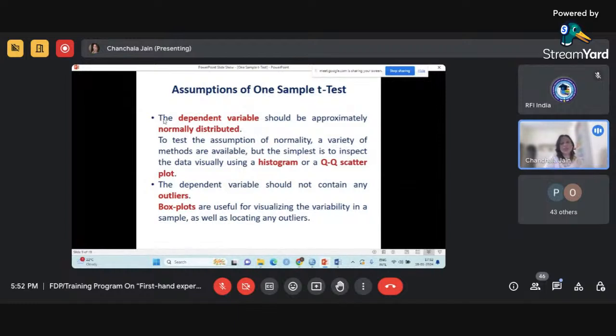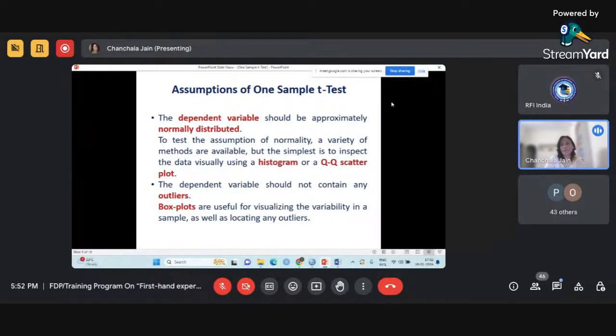The third assumption is saying the dependent variable should be approximately normally distributed. Means whatever is your numeric variable, you need to check the normality of that variable. And as I said previously, when I was discussing the descriptive statistics, usually in the real world, it is very hard to get data which is exactly normally distributed.